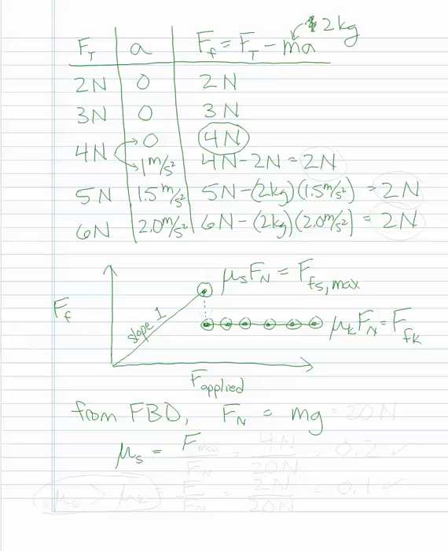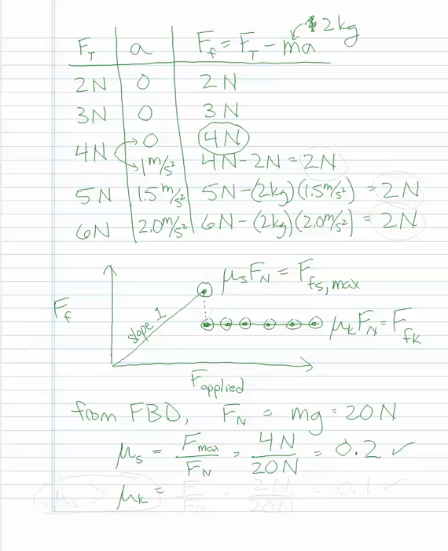So the max all over the normal, 4 newtons, divided by the normal force, which was 20 newtons, using 10 for the acceleration due to gravity. So 4 over 20 is 0.2. Has no units, it's just a dimensionless parameter.